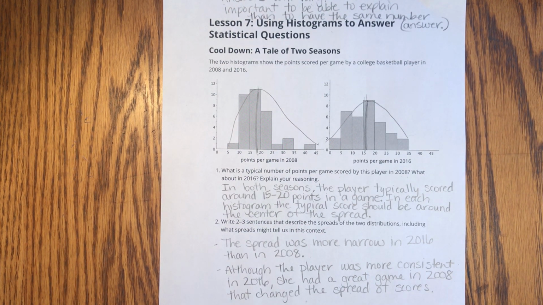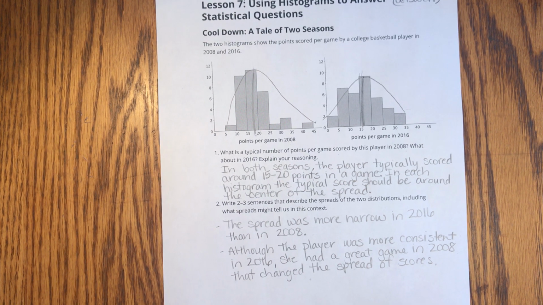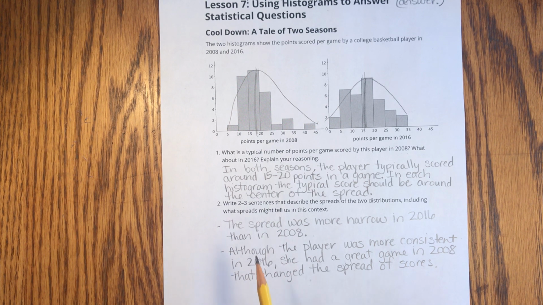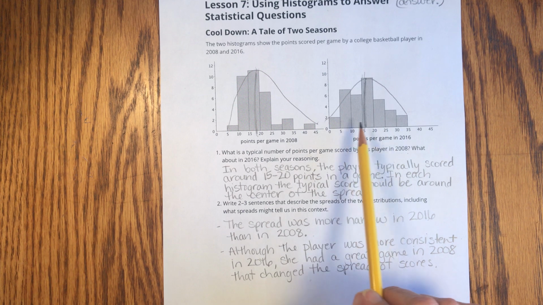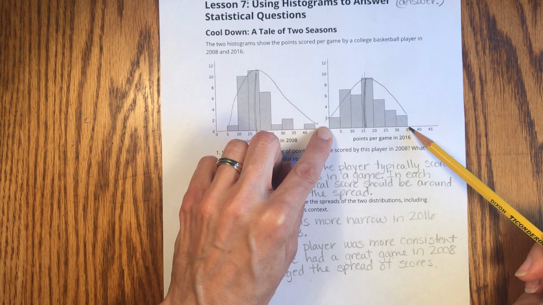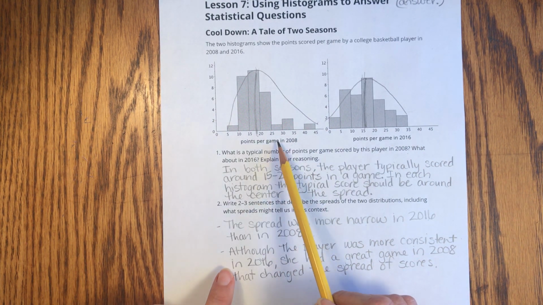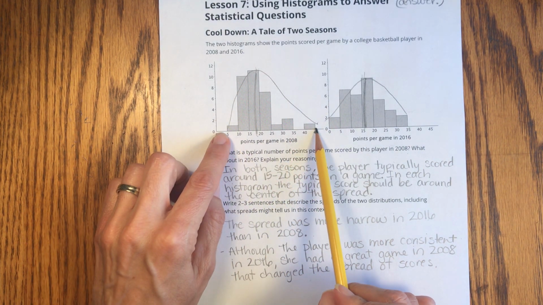Okay, now it says write 2 to 3 sentences that describe the spreads of the 2 distributions, including what spreads might tell us in the context. So the spread was more narrow in 2016. So here's from 0 to 35, those are his point spreads, or hers. Now, in 2008, there was more of a range.